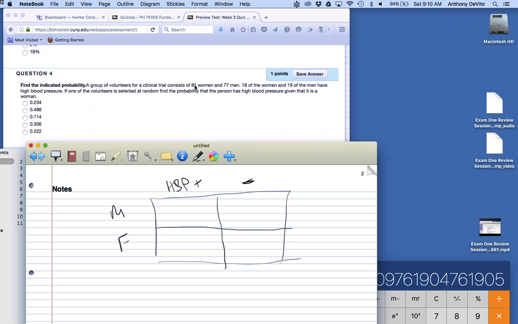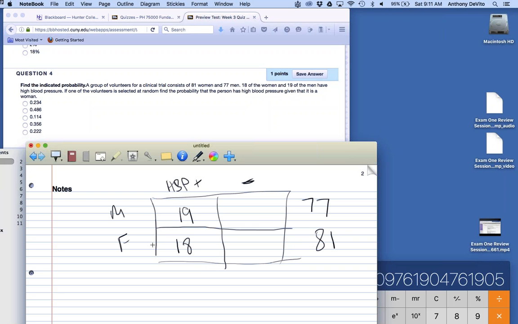There are 81 women in this clinical trial, so this total is 81. 81 women, 77 men, right? And 18 of the women have high blood pressure. So these are the women with high blood pressure, and 19 of the men have high blood pressure.